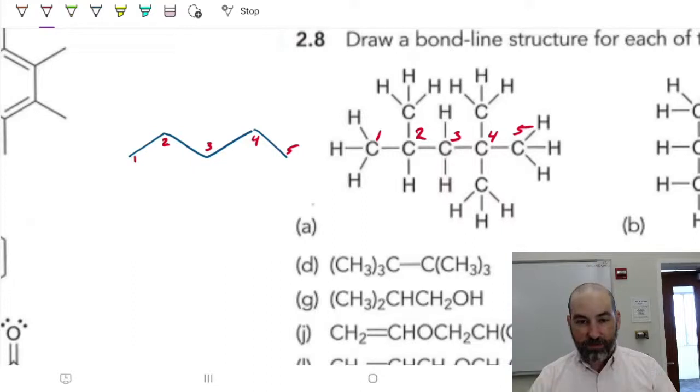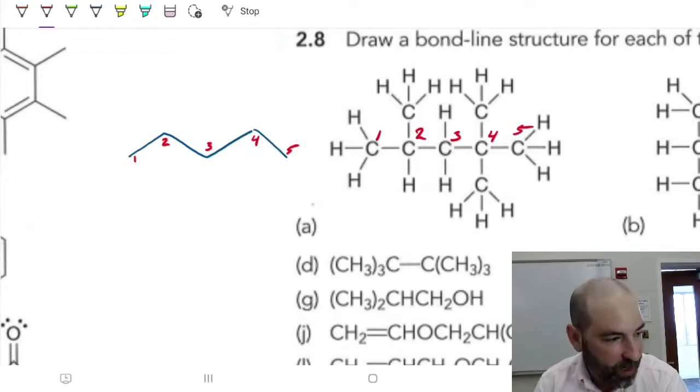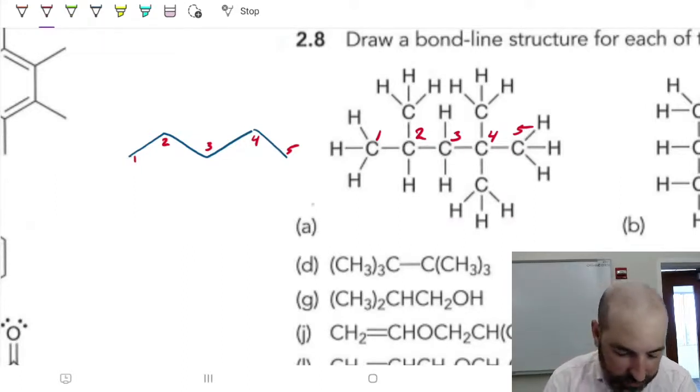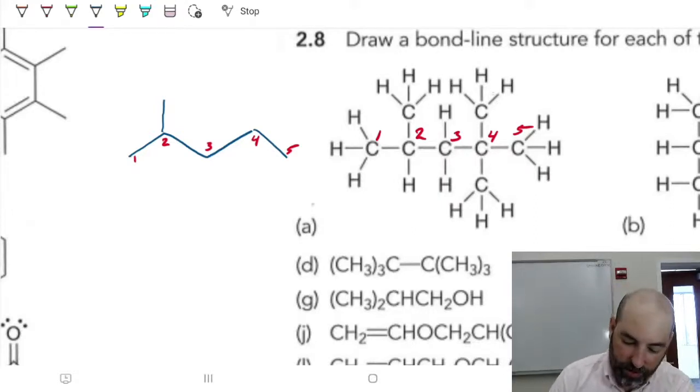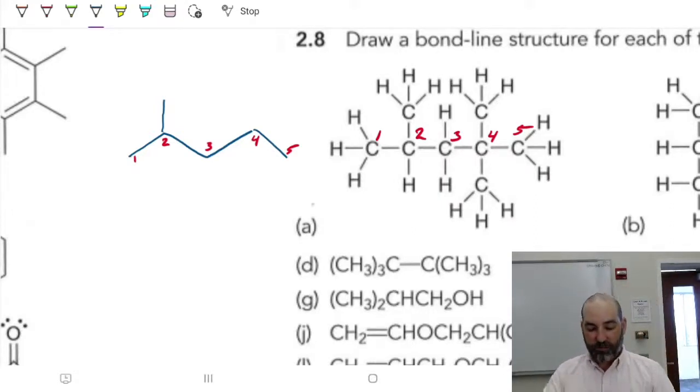Now that we've got something to work with, we can start branching off the other stuff. So for example, I can see that at carbon number 2, there's another carbon coming off of it. So coming off of carbon 2, I can draw this other carbon. And then coming off of carbon 4, there's 2 more. There's one up, one down. Now we don't have to do the same directions, but we have a couple choices here.